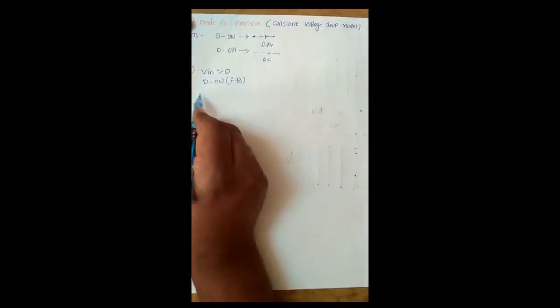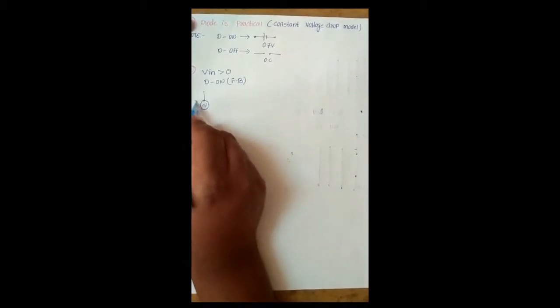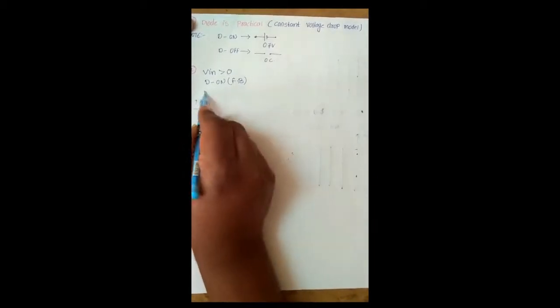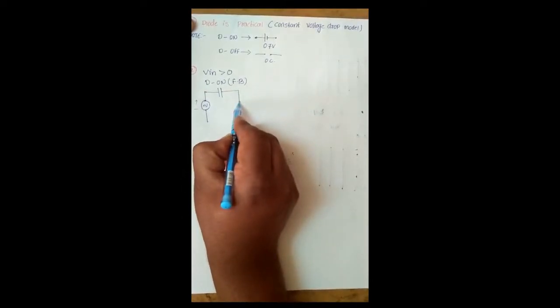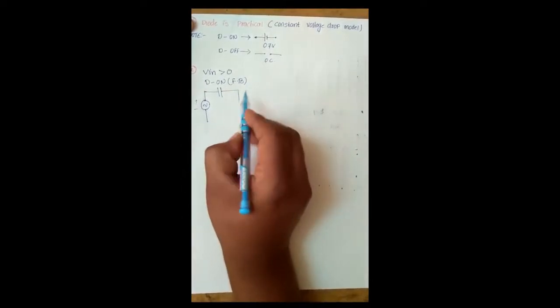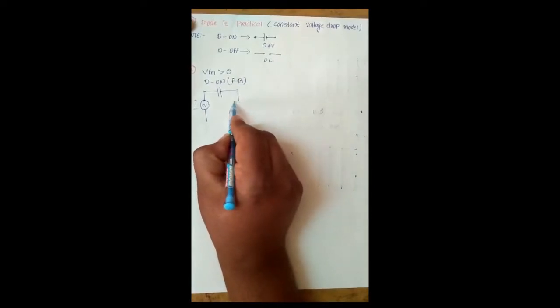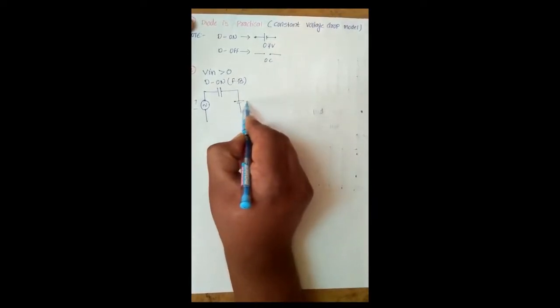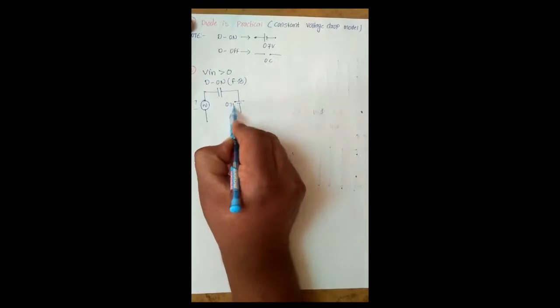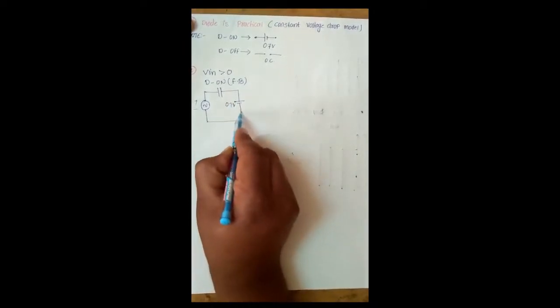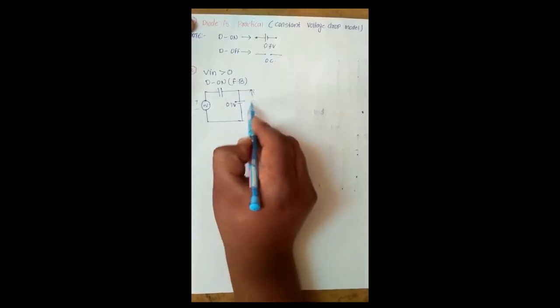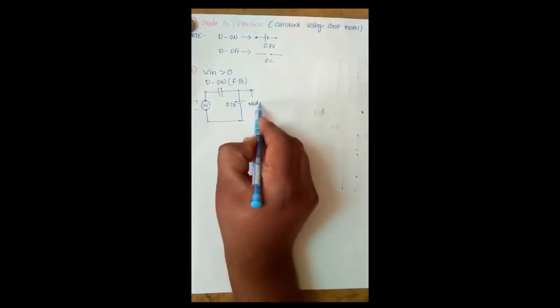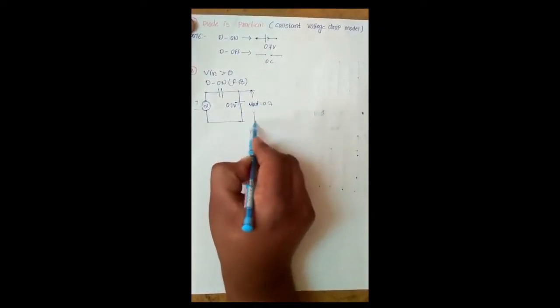We redraw the circuit: here we have the input voltage, the capacitor, and, from the practical diode point of view, the diode replaced by a voltage source with cut-in voltage 0.7 volts. Here we take the output, so the output voltage equals 0.7 volts.